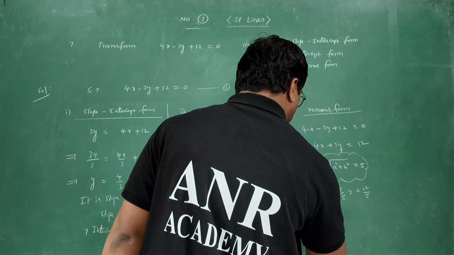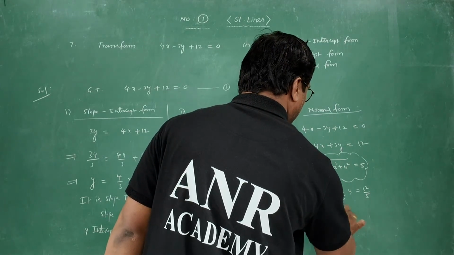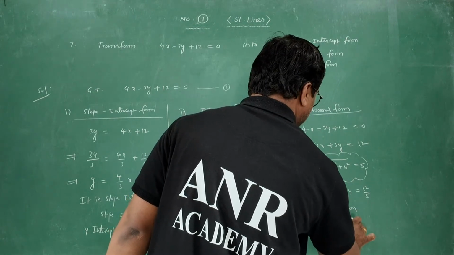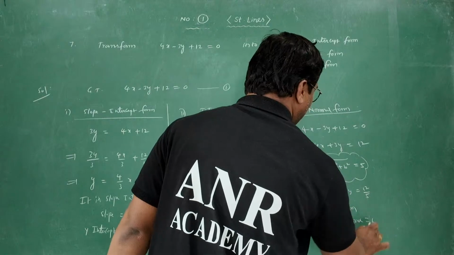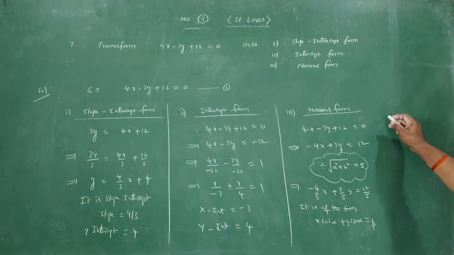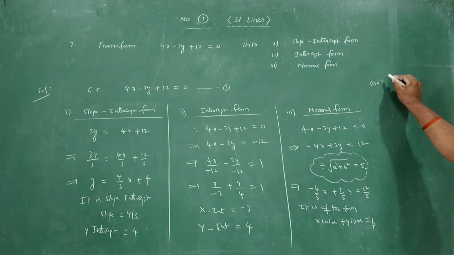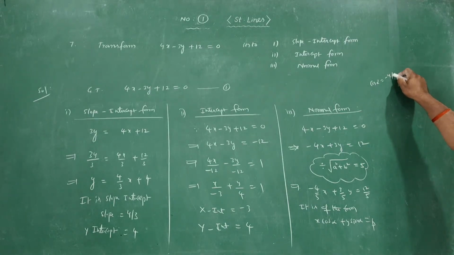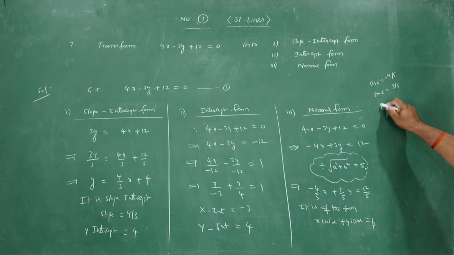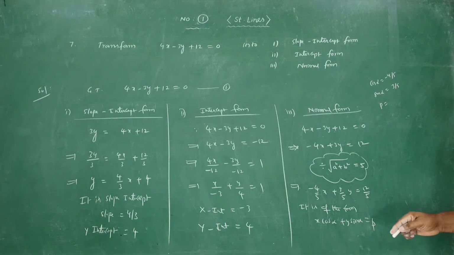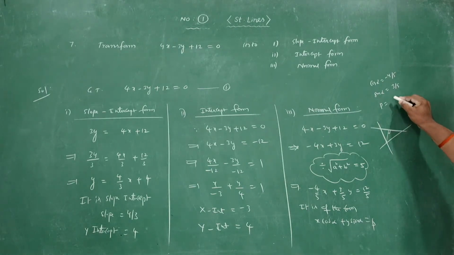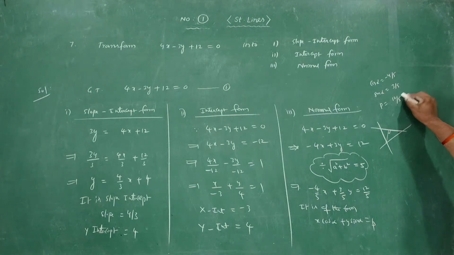It is of the form x cos alpha plus y sin alpha equal to p. And here you have to mention cos alpha, which is minus 4 by 5, and sin alpha, which is 3 by 5, and p, the perpendicular distance from origin to the line, which gives 12 by 5.